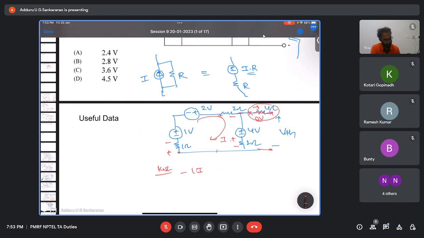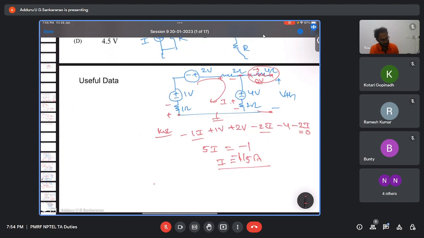Starting from here, minus to plus I will take as positive, plus to minus as negative. So plus 1 volt plus 2 volt minus 2 into I minus 4 volts minus 2 into I equal to 0. KVL applied. So what you get: 5I equal to minus 1. So I equal to minus 1 by 5 amperes.